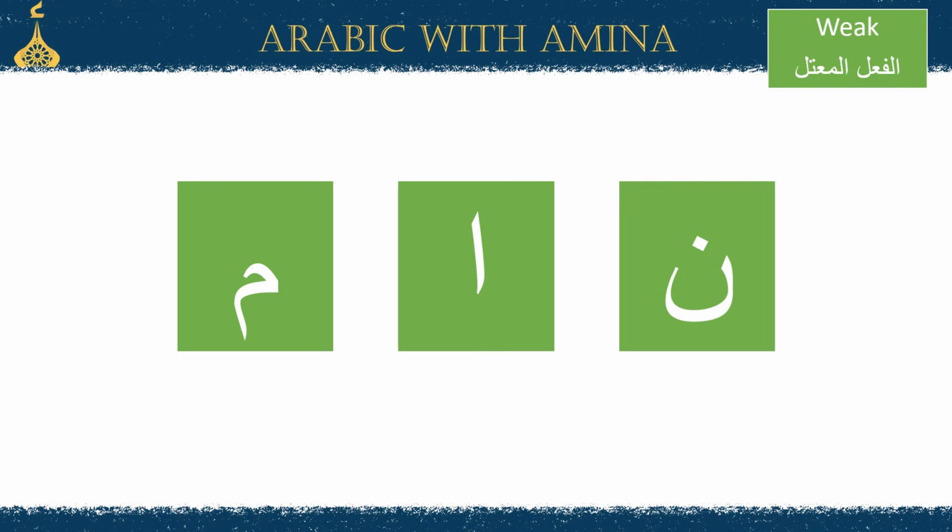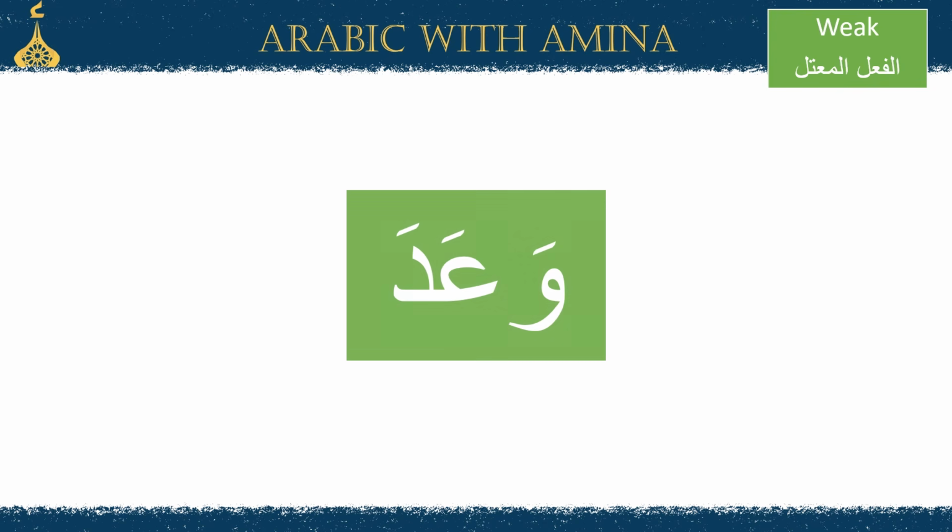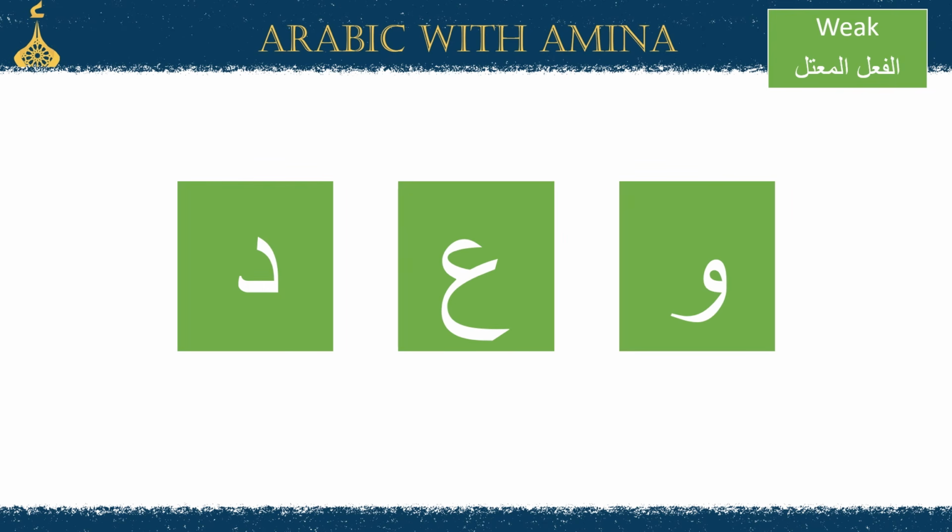The middle letter is alif, which is a weak letter, one of the حروف العلة. That's what makes it irregular. Another example is the verb وعد, to promise. Taking a closer look at its letters, we can see that this one starts with the letter waw, which is one of the weak letters, حروف العلة. So this verb is also an irregular or weak verb.